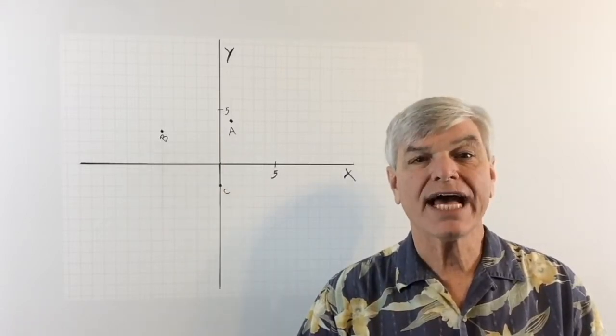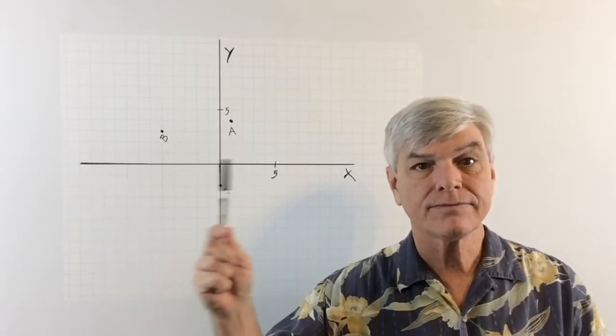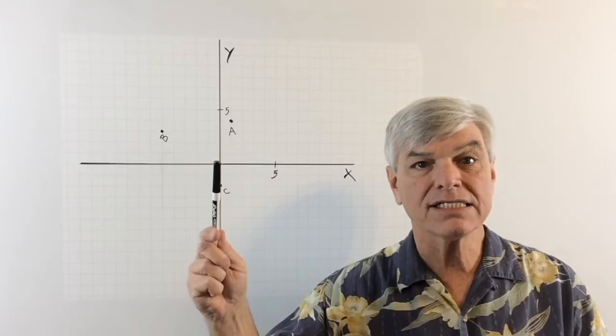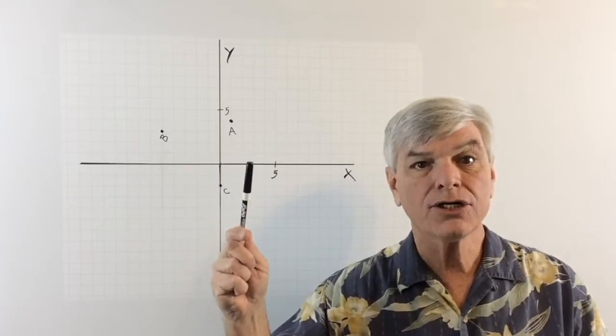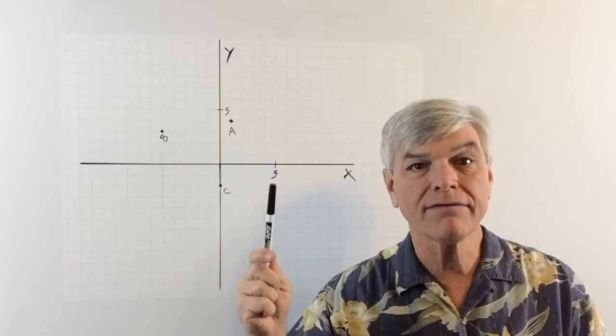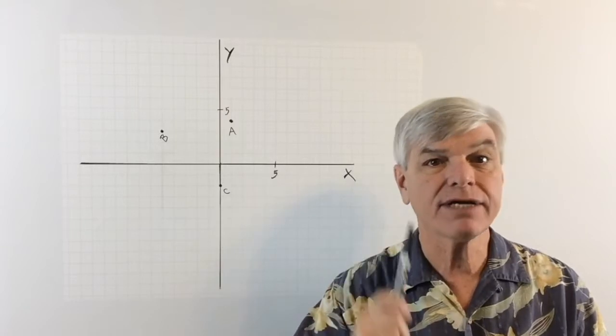Let me show you how the axes work. On the x-axis, where they meet is 0. So we're counting 1, 2, 3, 4, 5, and then each space is 6 on out to infinity.